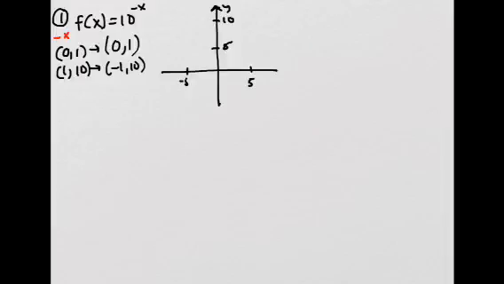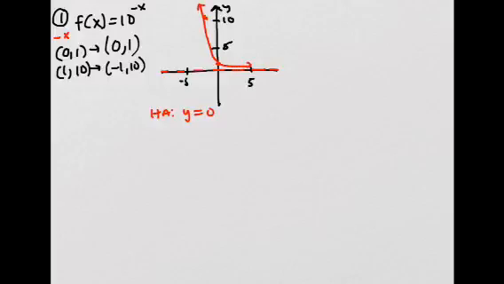Remember, exponentials have horizontal asymptotes. Since k is 0, the horizontal asymptote stays here at the x-axis. So the horizontal asymptote is y equals 0. We plot the points (0, 1), so about here, and (-1, 10), about here, and connect them like that.